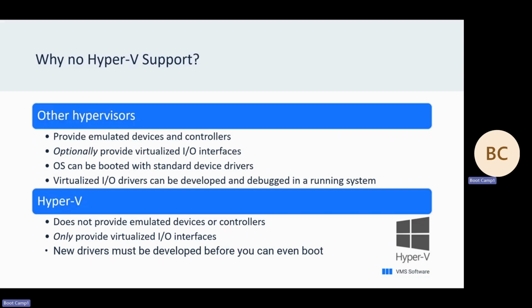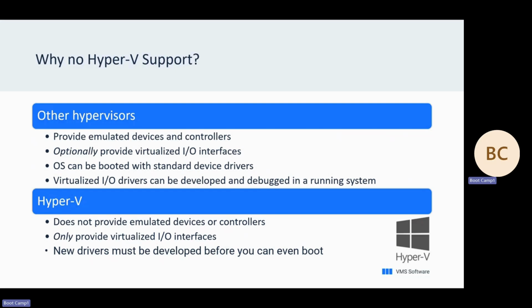And it provides a disk controller and a SCSI disk that looks just like a real SCSI controller. They also optionally provide para-virtualized I/O interfaces that allow you to speak on a more direct level with the hypervisor to do things like network and disk I/O.